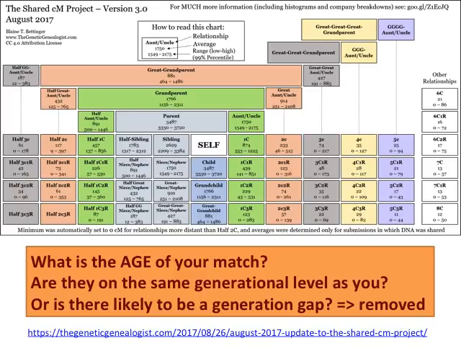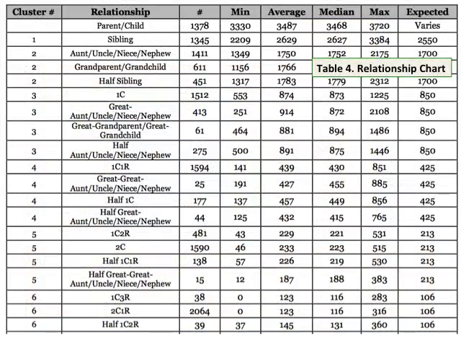Now I usually allow 30 years per generation, so if you find that you're 70 and your match is 40, then it's probable that you are at the upper generational level and they're at the lower generational level. I'll show you an example of that in a second.